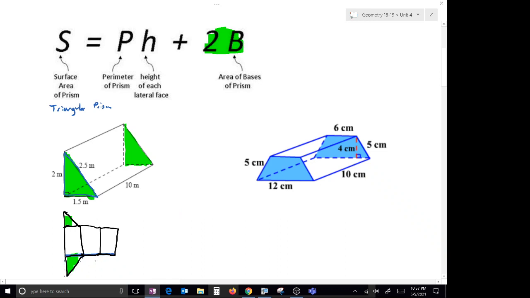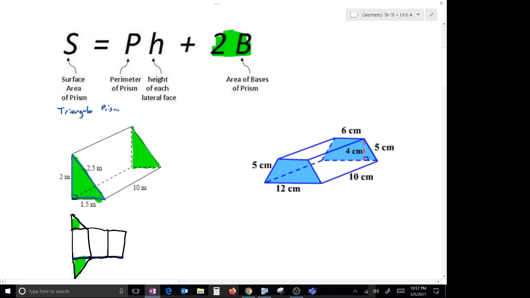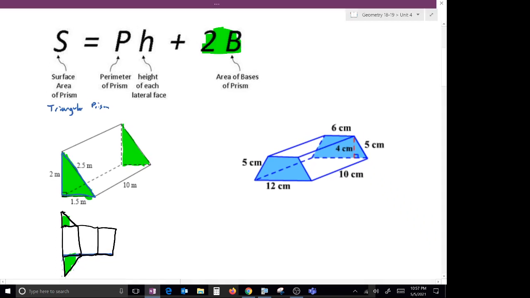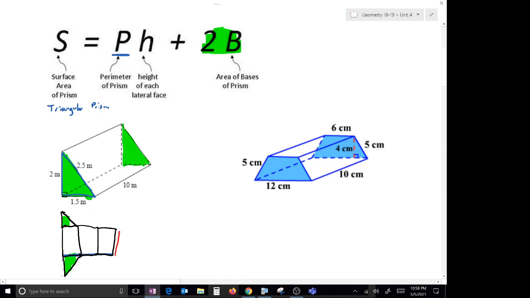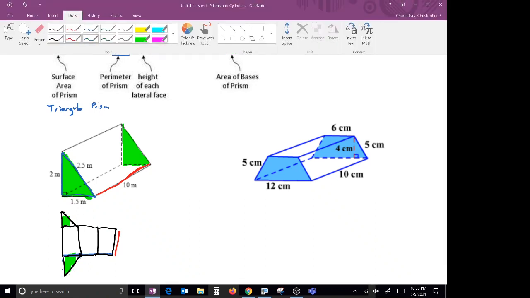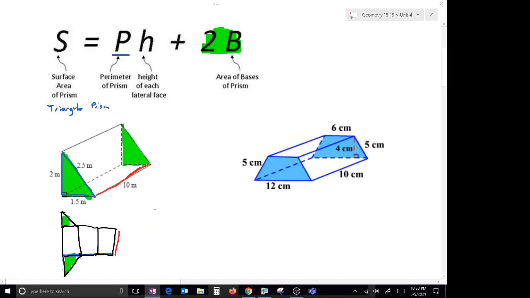So that's why we look at the perimeter of one of our bases, and that gives us this bottom blue length, which is what this P value is. And if we multiply that times this height here, the distance between the bases, we get the lateral surface area, which is essentially the three rectangles wrapping around. And that's what this first part does.